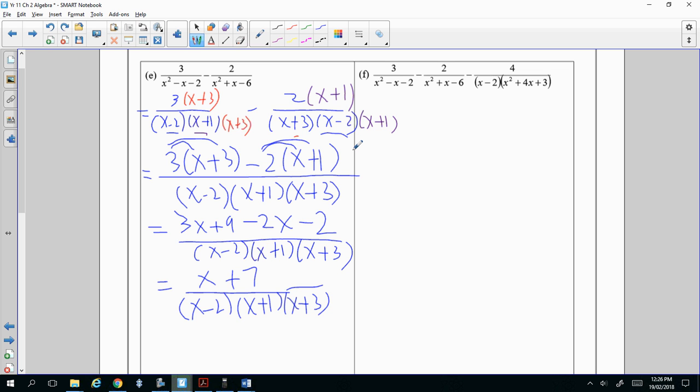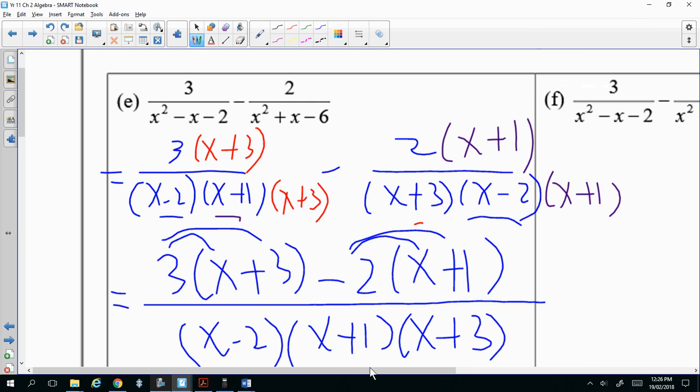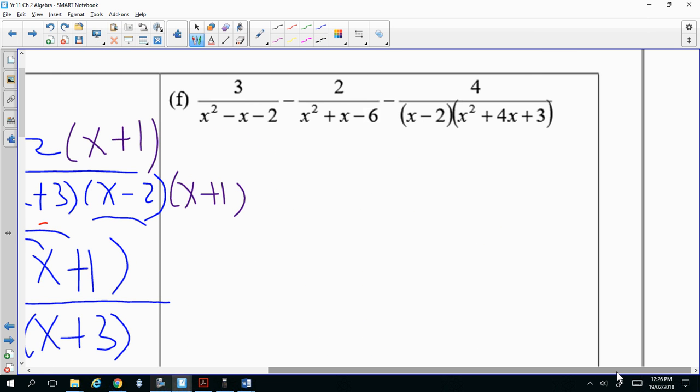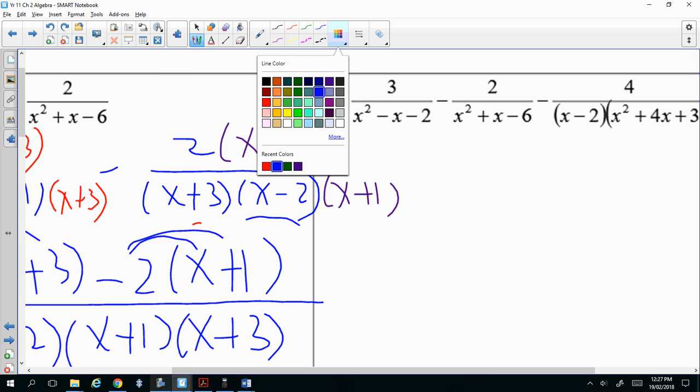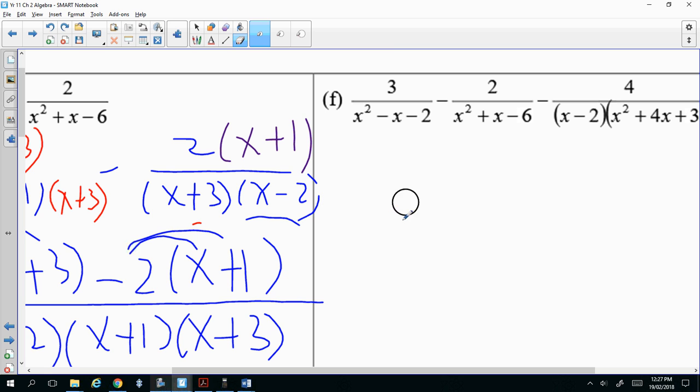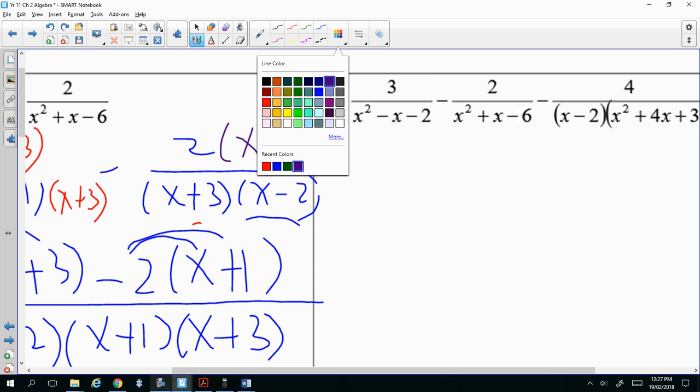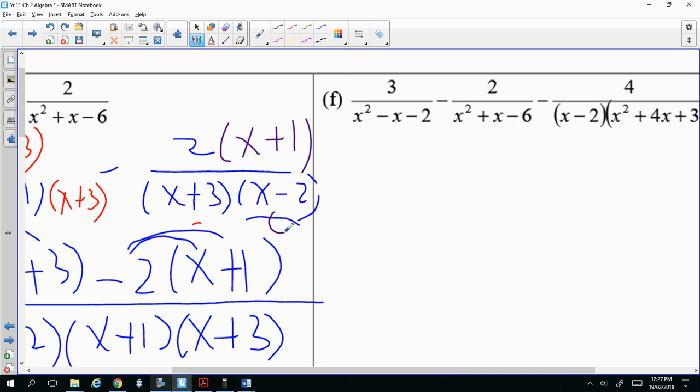Let's try F. So you have to factorize all three. Let's drop this off and write x plus 1. Okay, right. So let's factorize the last one.